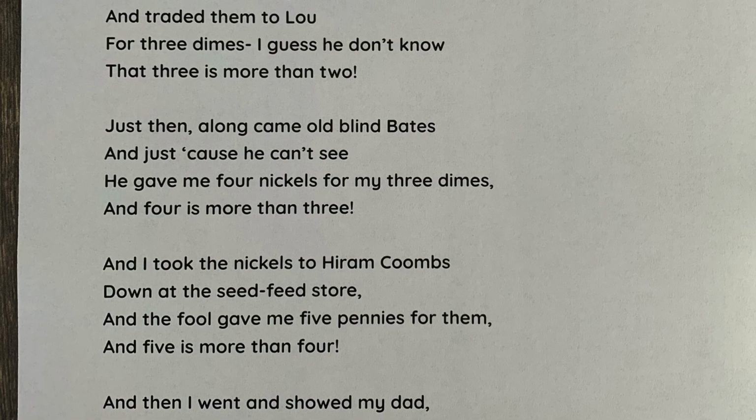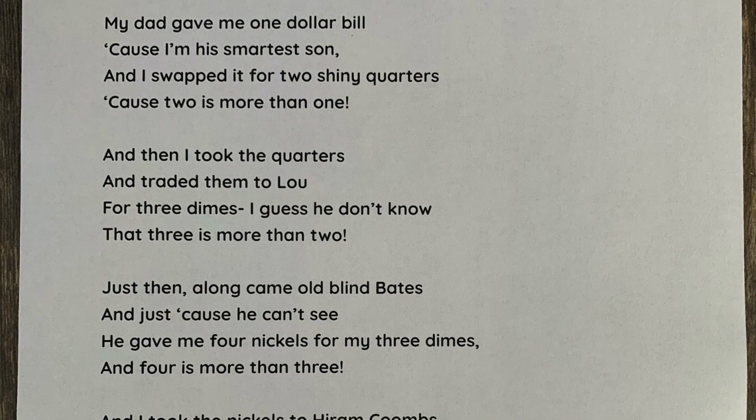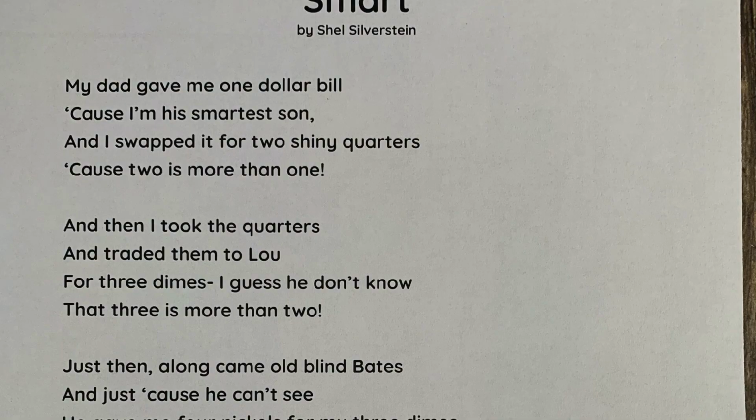And I took the nickels to Hack down at the seed feed store, and the fool gave me 5 pennies for them, and 5 is more than 4. And then I went and showed my dad, and he got red in the cheeks and closed his eyes and shook his head, too proud of me to speak.